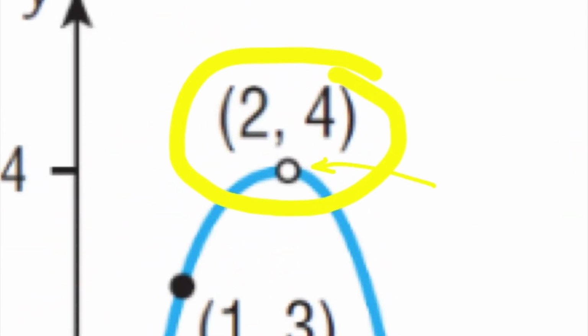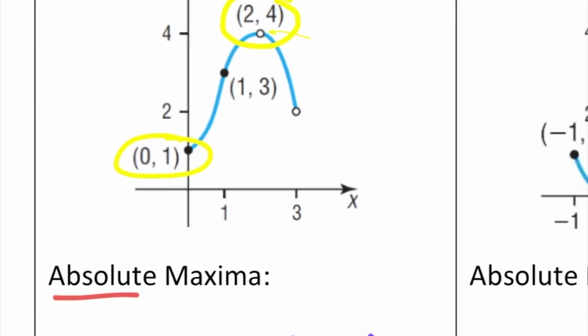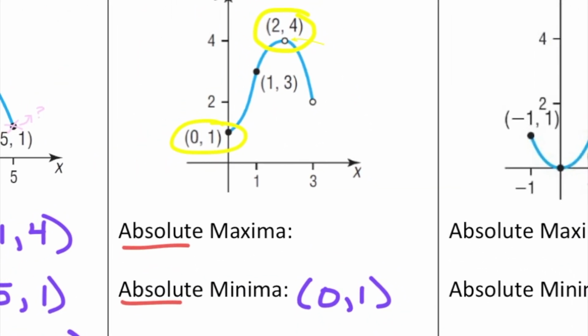And if you have an open circle where a max or min should be, then you don't have a max or a min. And it's not that, well, then 1.999 would be where the maximum is. It's just that there is no maximum. There is no absolute max.